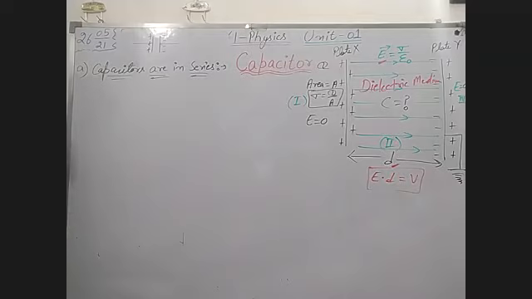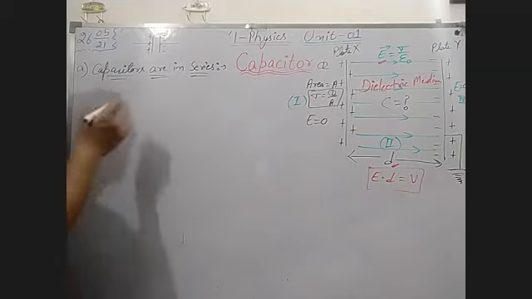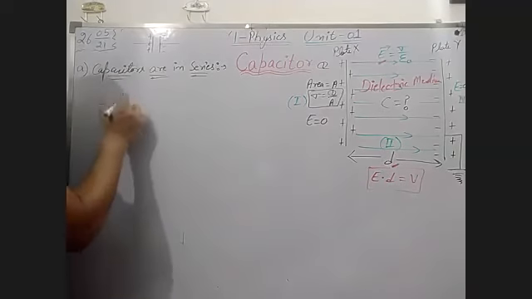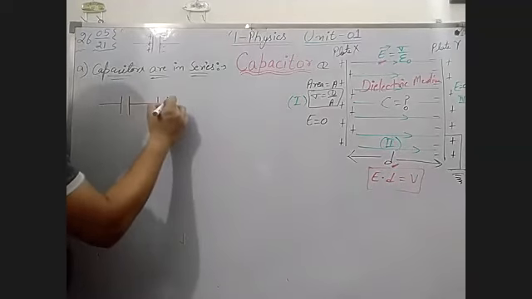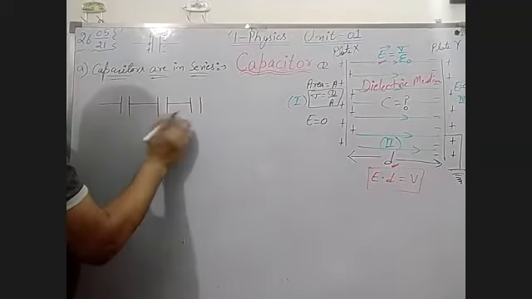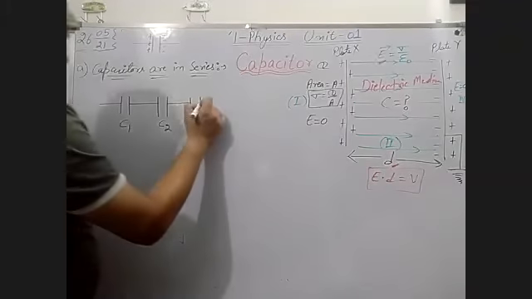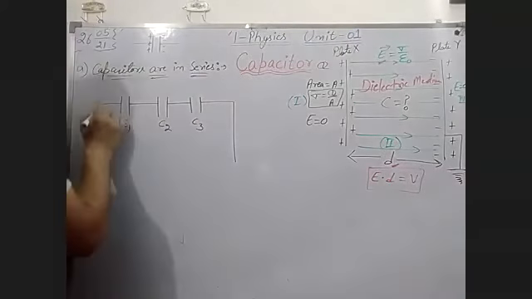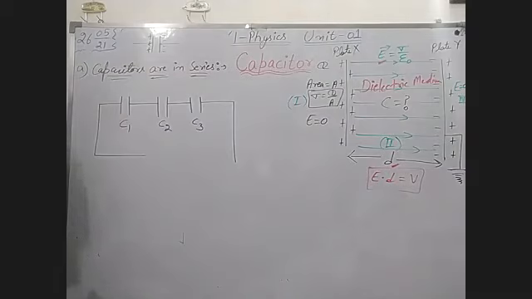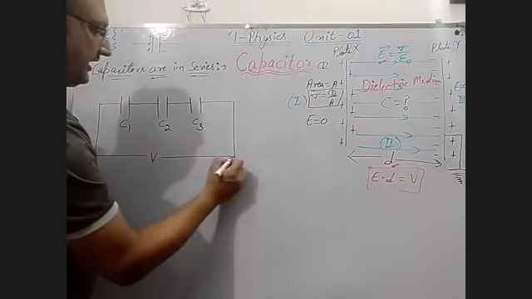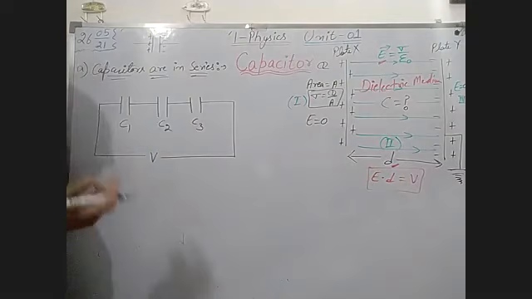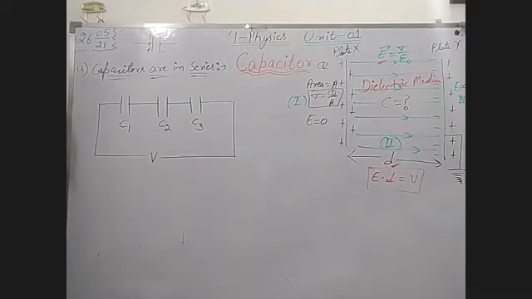Now, let us draw its diagram. We are taking 3 capacitors of different capacities C1, C2, C3 in this way, and all are connected with potential V. Like in 10th class, in a similar way, we have to calculate its equivalent capacitance in this case.